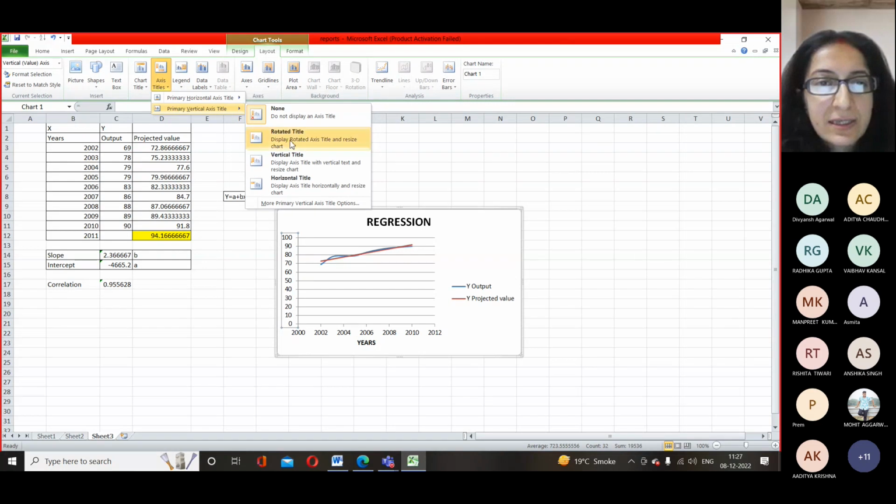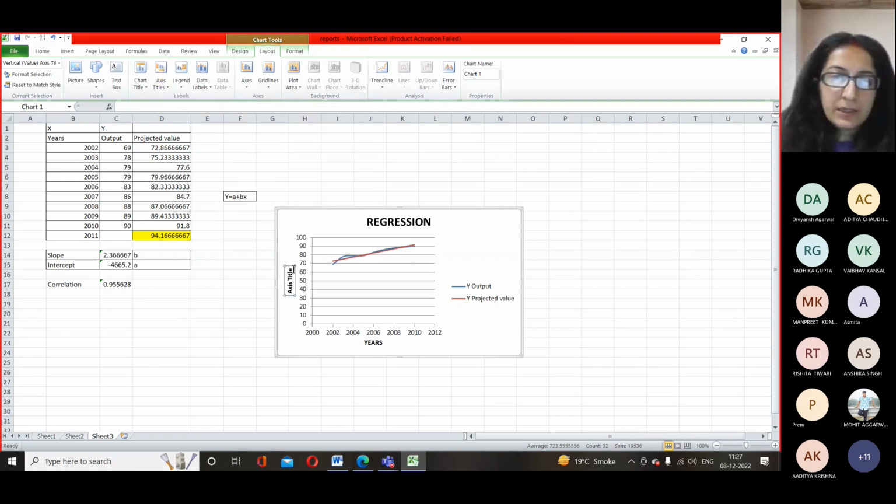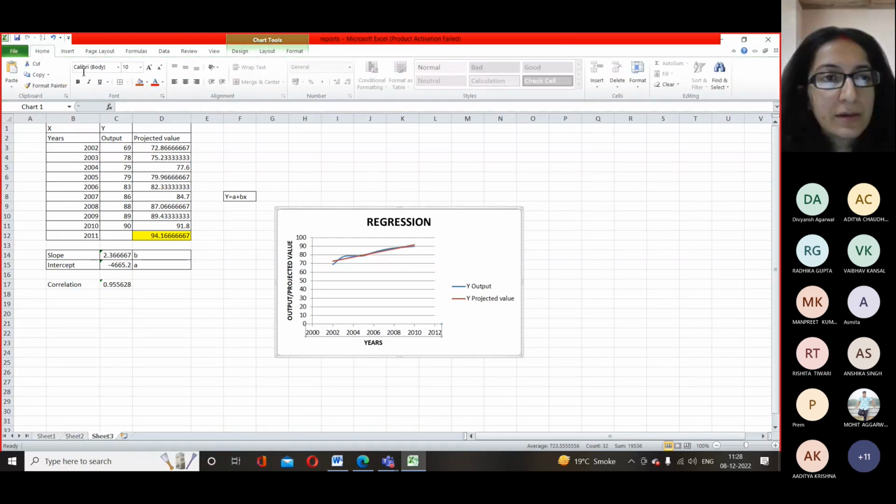This is vertical axis, rotated title. Here I can mention output, projected value. ठीक है, थोड़ा सा और ब्यूटीफाई करना है, इसको हम बोल्ड कर सकते हैं ताकि क्लियरली दिखे.